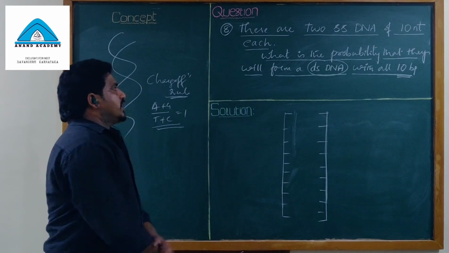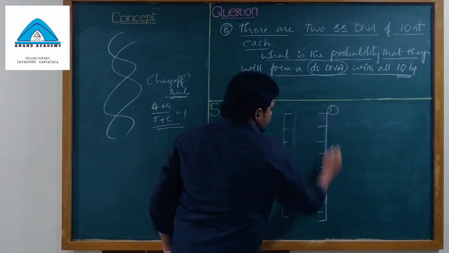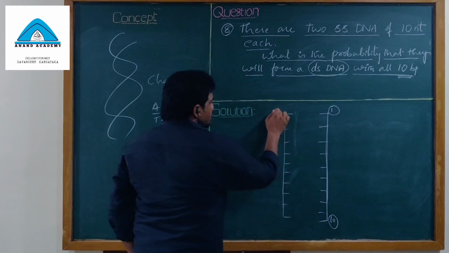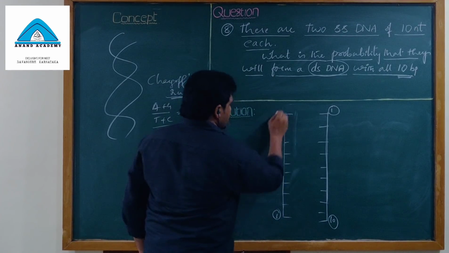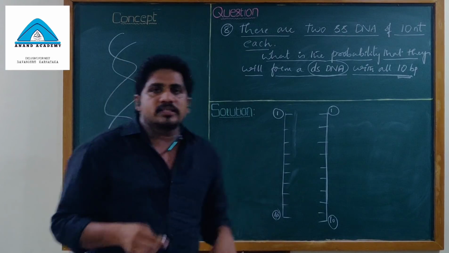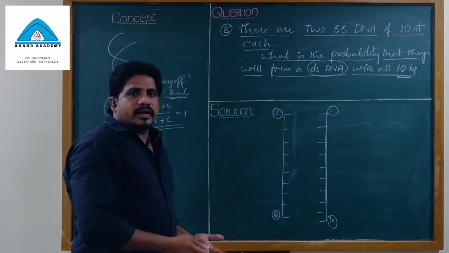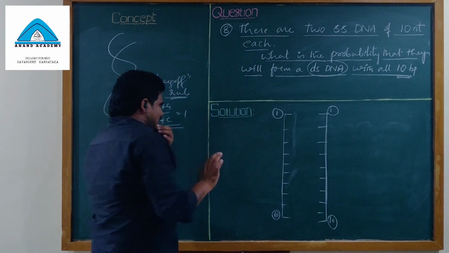What is the probability that they will form double stranded DNA? This is the first position and this is the 10th position. We cannot say this is anti-parallel because it's not a double helix. With 2 single stranded DNAs, the direction might be the same or anti-parallel, no matter.